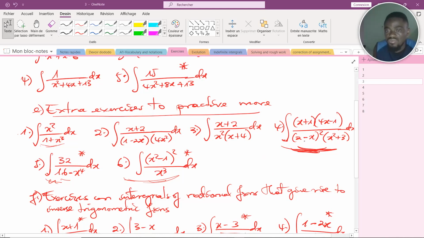So if you express it in partial fractions, you have a over 2 minus x, plus b over (2 minus x) squared, plus, for this other one, cx plus d all over x squared plus 3. So that's how you express that in partial fractions. Is that okay?